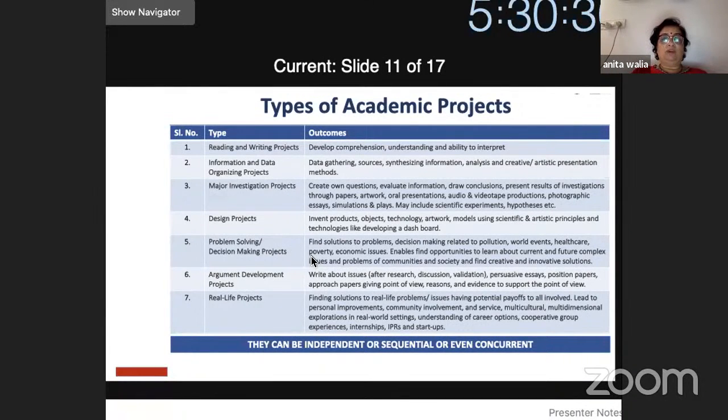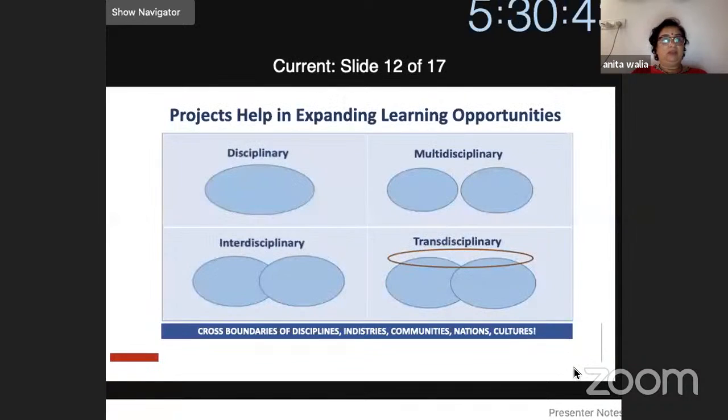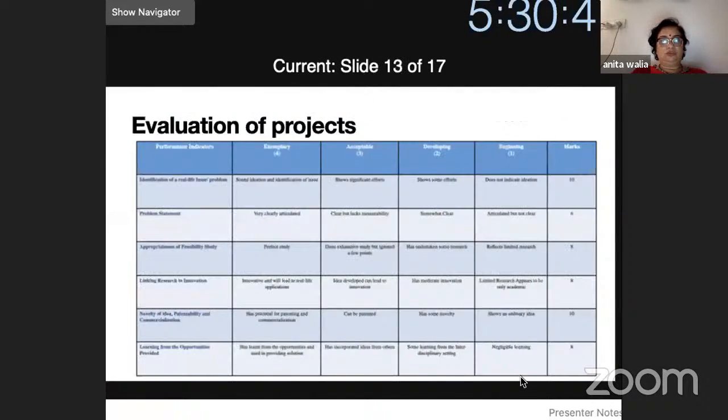Like I gave you the example of IBM and the Tsunami. Then problem solving skills: it will help you in developing problem solving, decision making, and argument, all through real lifetime projects. So these are very important things. A project should always be multidisciplinary.